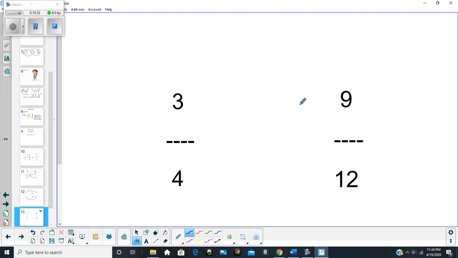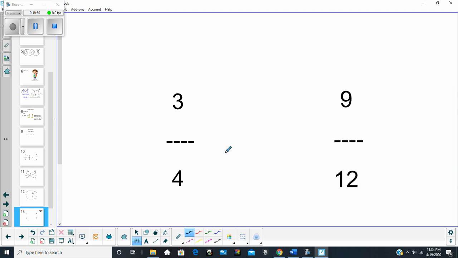Next, we have 3/4 is equal to 9/12. Awesome, class. Everyone is standing. Elena, can you please come and show us on the board why 3/4 is equal to 9/12?